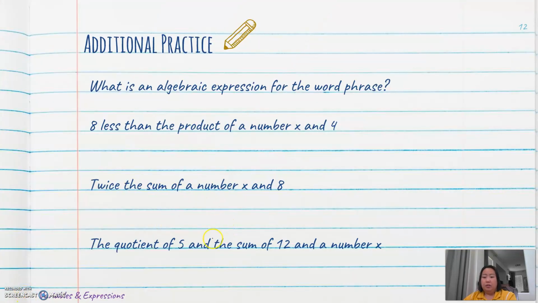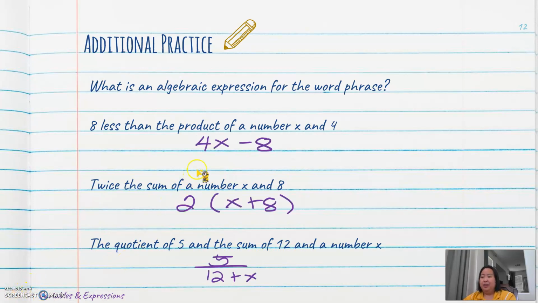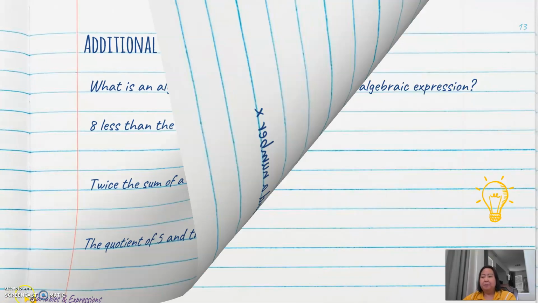These are again some more additional practice expressions that you can work on. 8 less than the product of a number x and 4, twice the sum of a number x and 8, and then the quotient of 5 and the sum of 12 and a number x. Try it out as well. To check your work, these are the answers to each of these example questions.